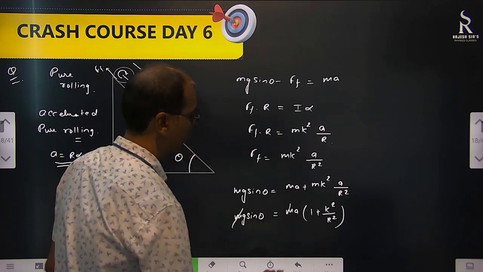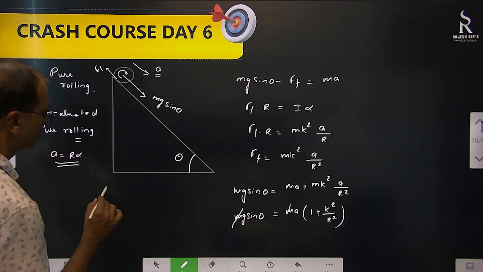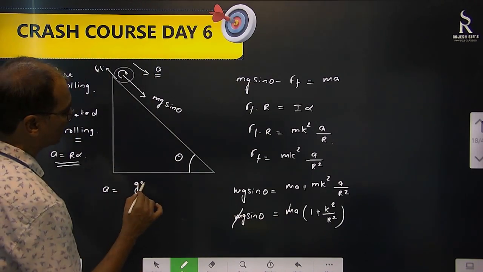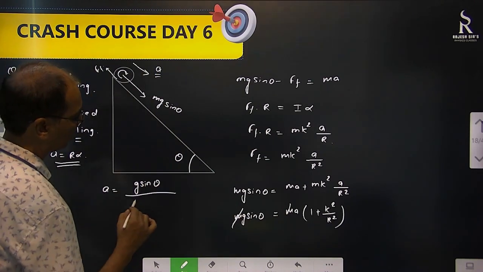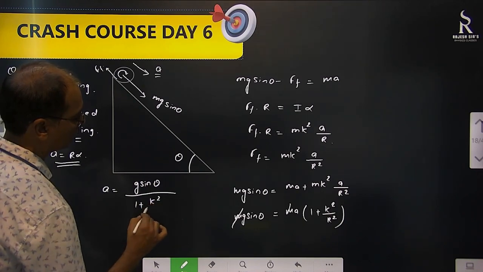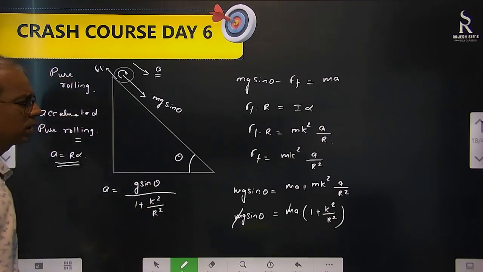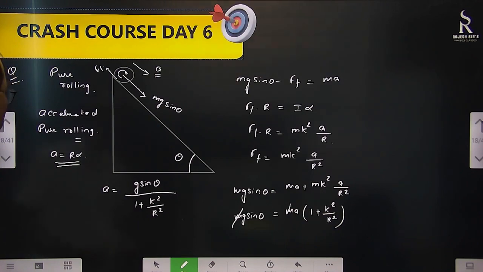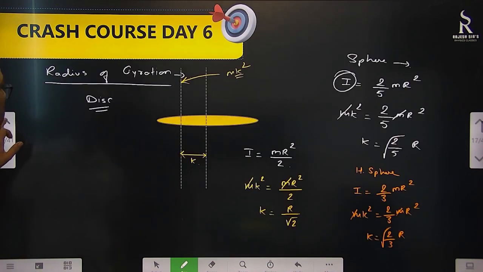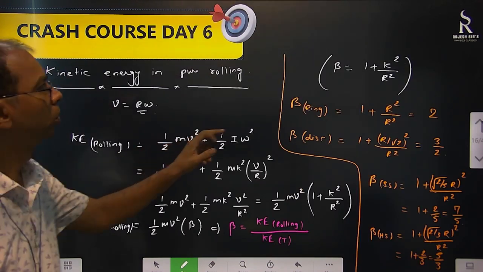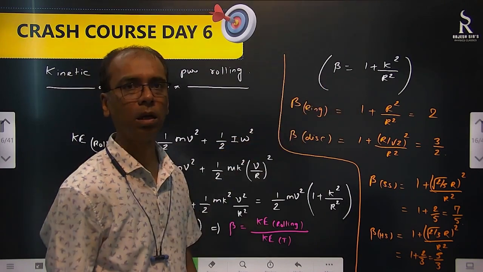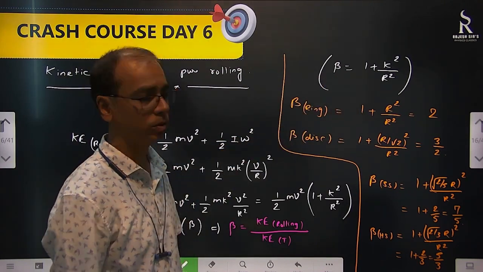M gets cancelled. Acceleration is g sine theta by 1 plus k square by R square. So this 1 plus k square by R square is something known. Just go back and check what this is. Oh, that's only beta.